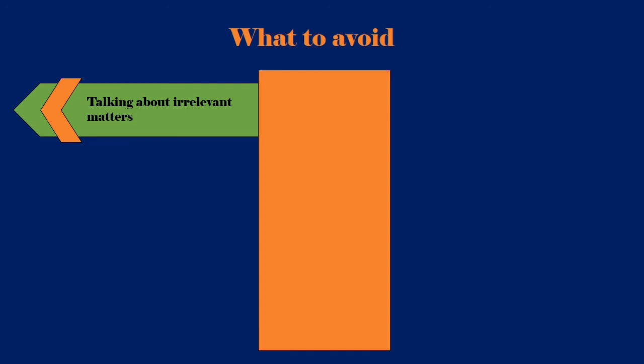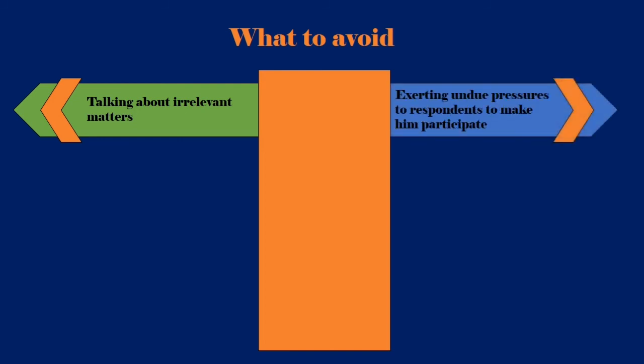Second, it is also a don't to exert undue pressure on respondents to make them participate. Do not press your respondents, particularly in answering questions which they are not comfortable giving answers to. So do not exert too much pressure as your respondents make their responses.